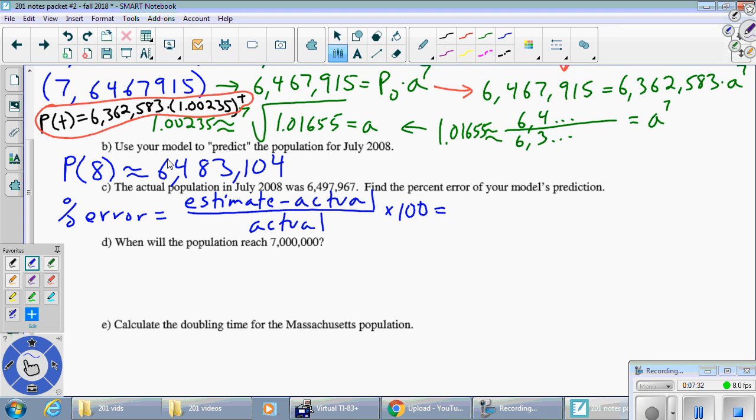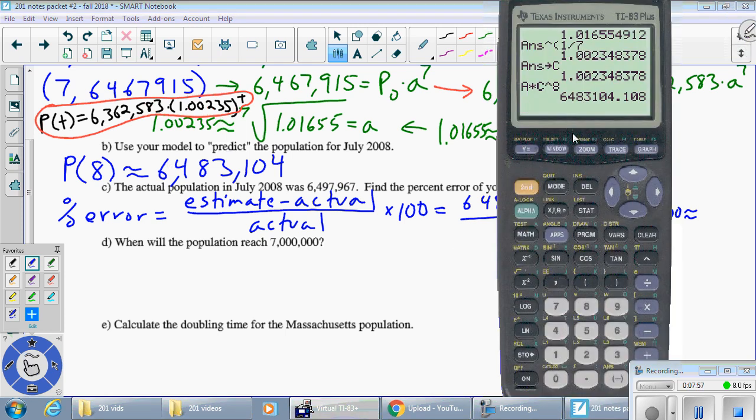Okay, so we will do our subtraction here. Our estimate was 6483104, and we subtract off the right answer, 6,497,967. We divide by the right answer, multiply by 100, and we will get our percent error over here.